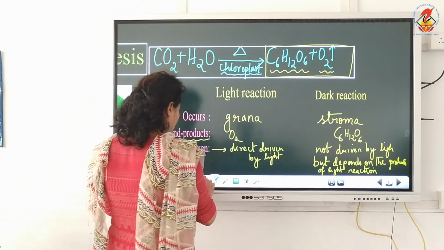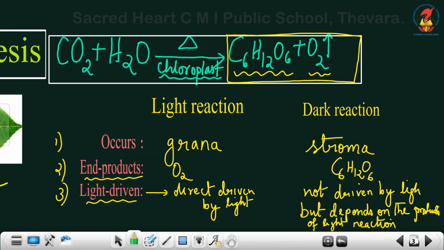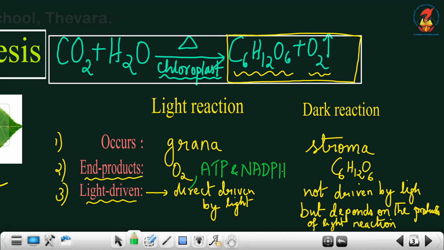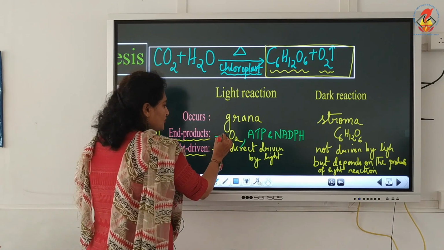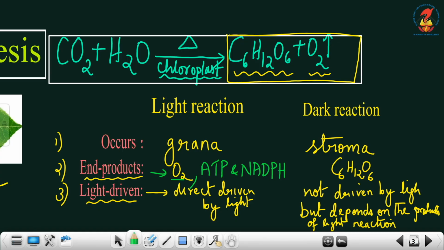In addition to oxygen, what else is produced? Energy molecules like ATP and NADPH. So in light reaction, the end products not only include oxygen, it also includes the energy molecules ATP and NADPH. Whereas in dark reaction, we have glucose.